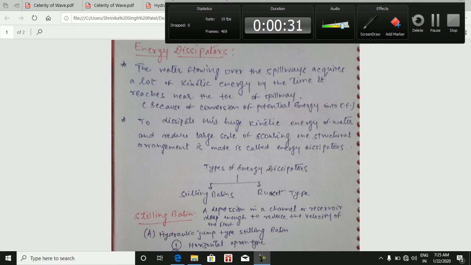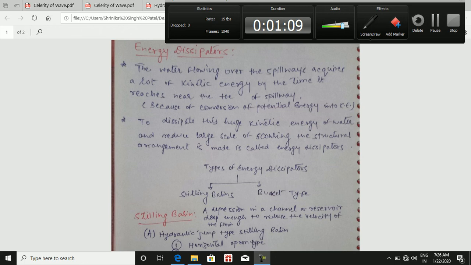When we study the hydraulic jump, the supercritical flow is converted into subcritical flow. The water flowing over the spillway acquires a lot of kinetic energy by the time it reaches near the toe of the spillway.